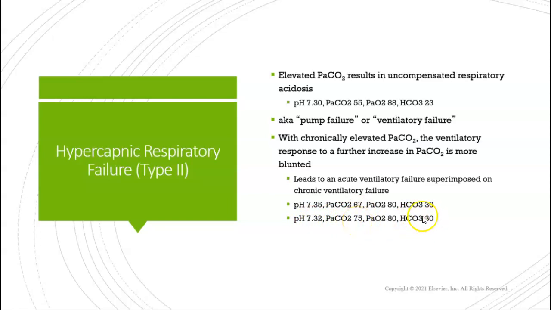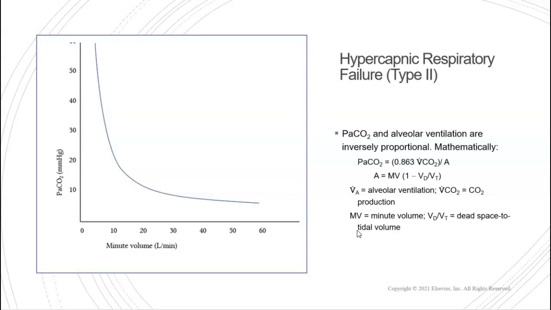Our bicarb doesn't have a chance to compensate quickly, so we see that drop in pH down to 7.32. This is not a normal ABG. It's not fully compensated anymore. So we have again uncompensated respiratory acidosis, which signifies acute ventilatory failure on top of the chronic issue.